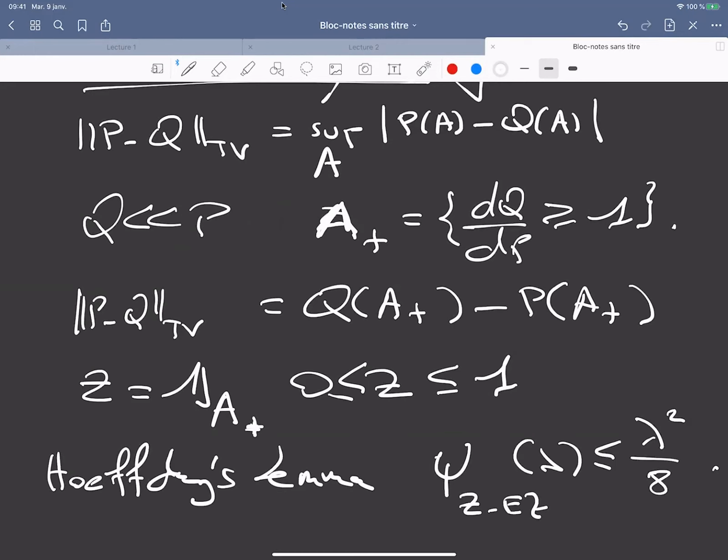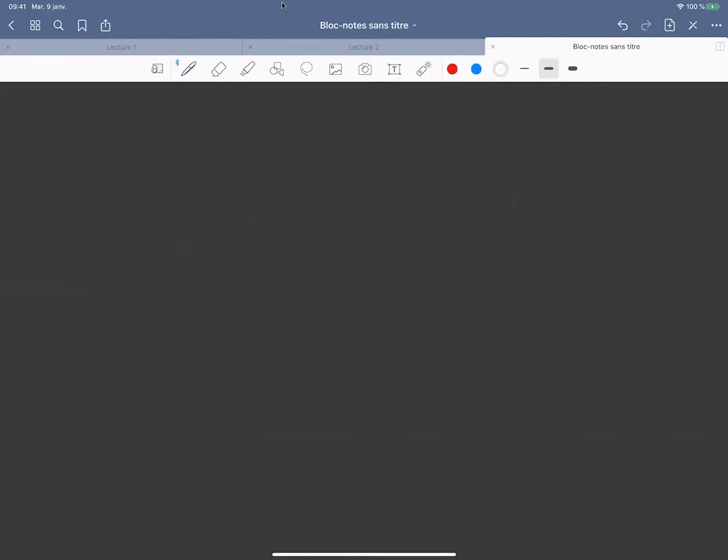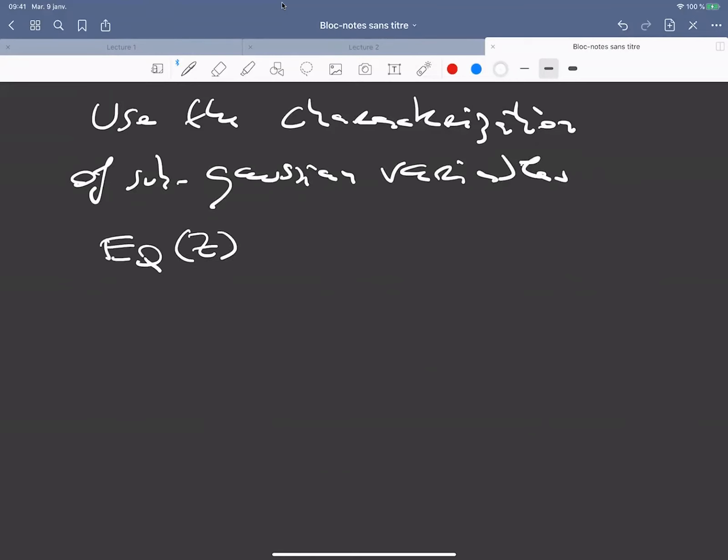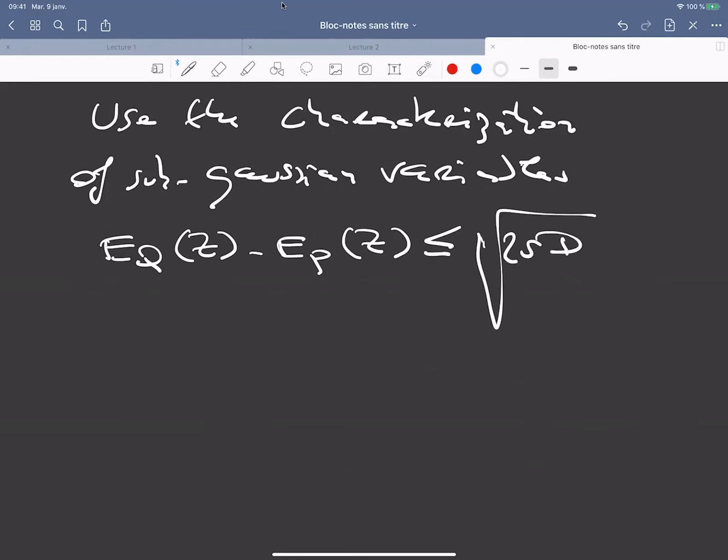And therefore, when you use the characterization of sub-Gaussian variables that we have seen before, this means that the expectation of Z under Q minus the expectation of Z under P has to be less than the square root of 2V times the relative entropy, with V equal to 1/4.